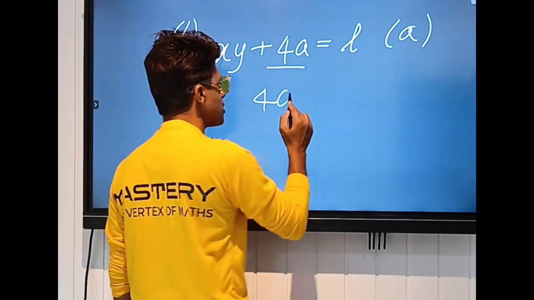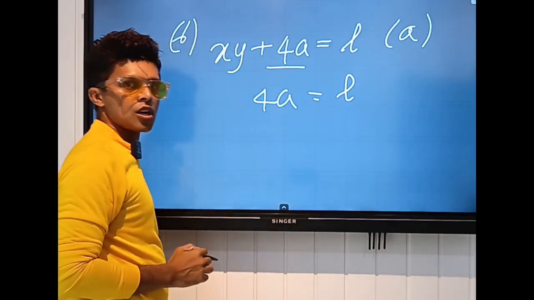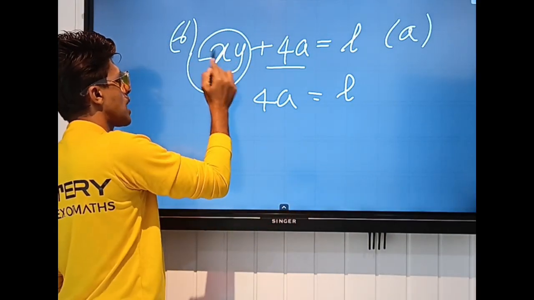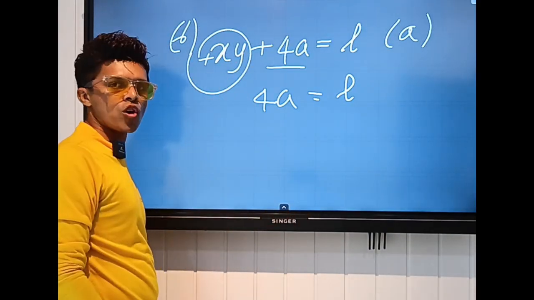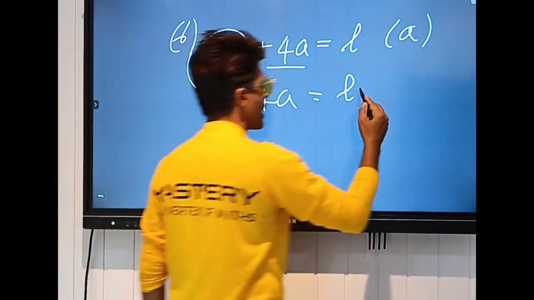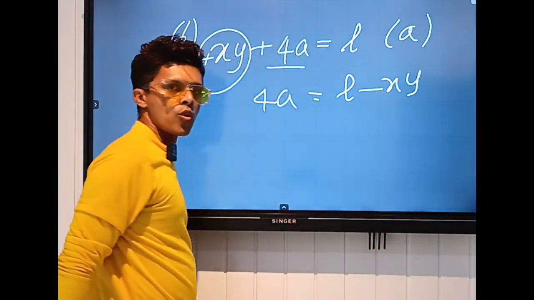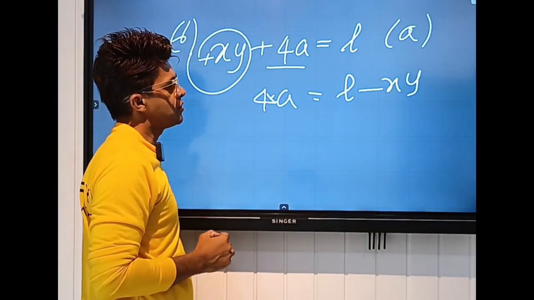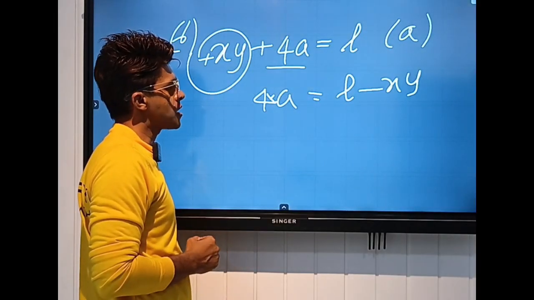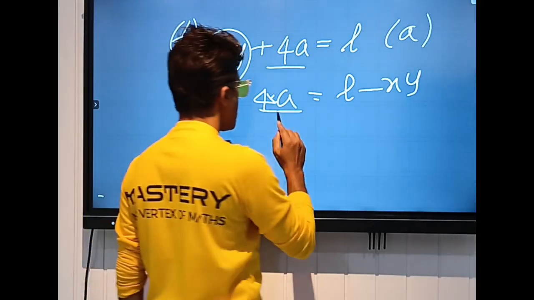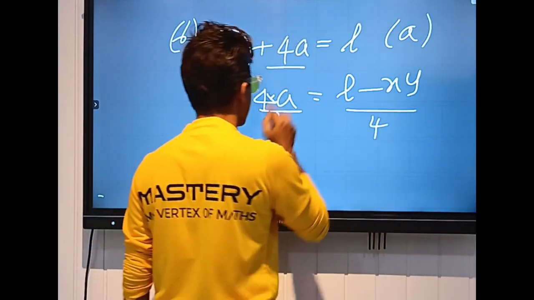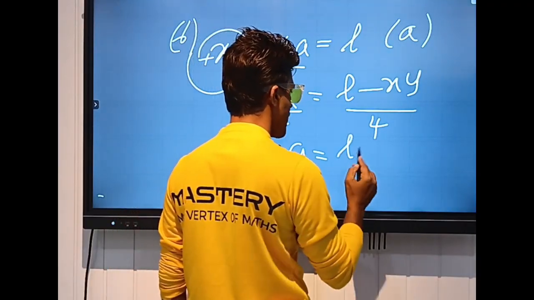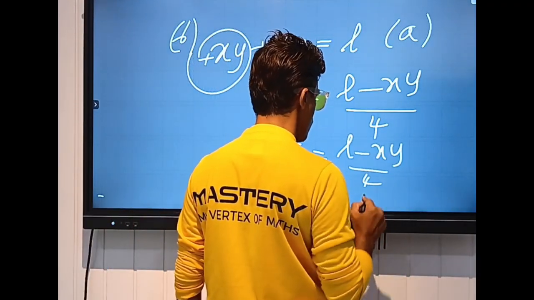So 4a equals L, and this xy is brought to the right side. This becomes negative. Here is multiplication, so divide by 4 on both sides. Therefore, a equals L minus xy over 4.